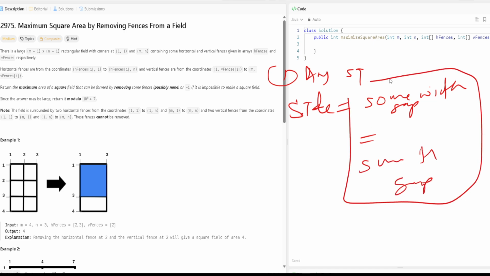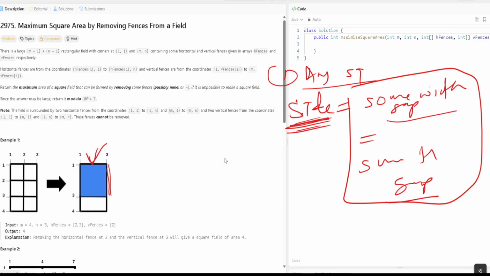Like this is the width gap, and this is the height gap. If this width gap and this height gap are both the same, that is our side. So any square gives a side which is equal to the width gap and the height gap.